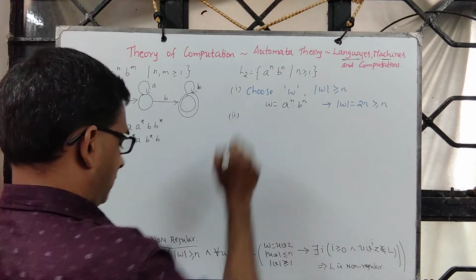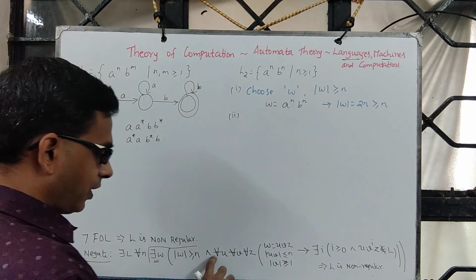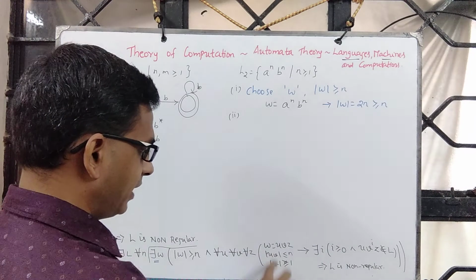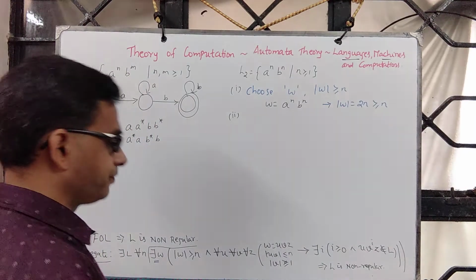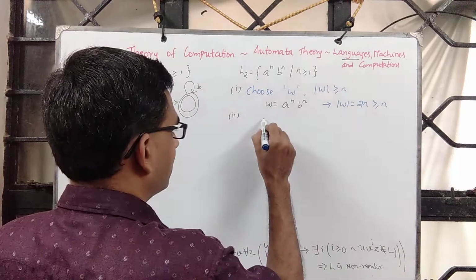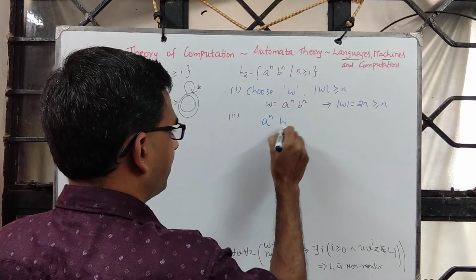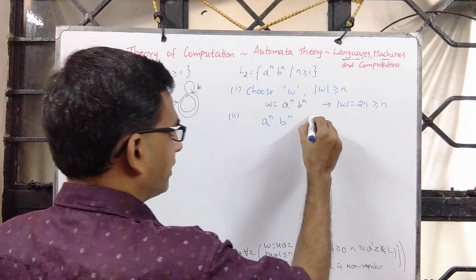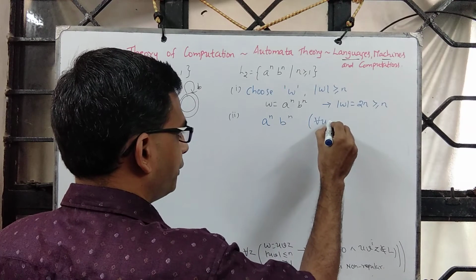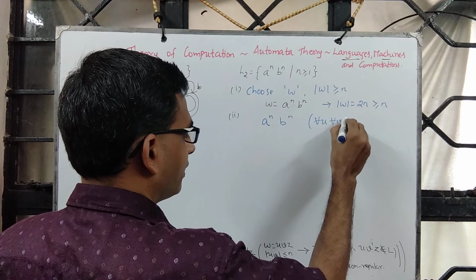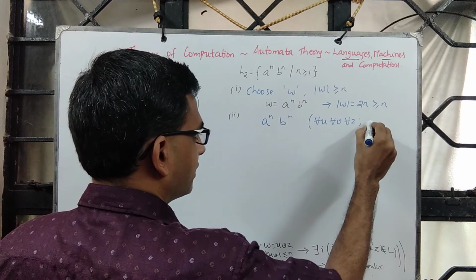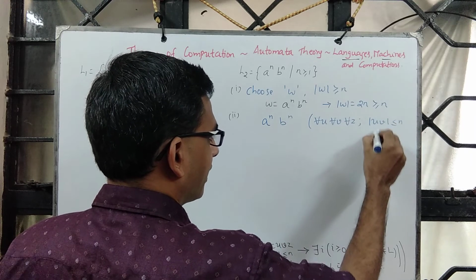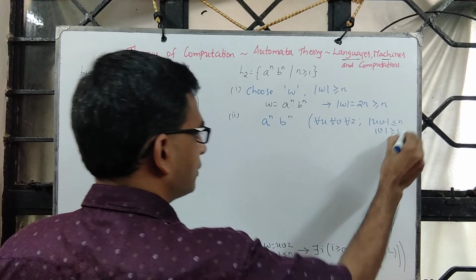Next, it says you come up with any decomposition respecting this constraint. So fix this a power n, b power n. You come up with any decomposition for all u, for all v, for all z, such that uv is at most n and v is at least 1.